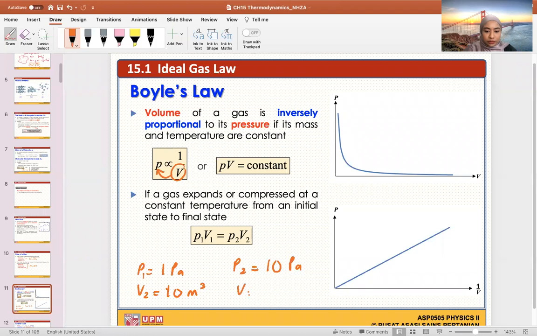So you are going from state 1 to state 2. This is when you use the equation: P1 V1 equals P2 V2. Later I will teach you a trick for remembering all these, because there are a lot.